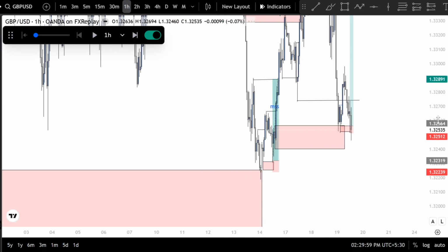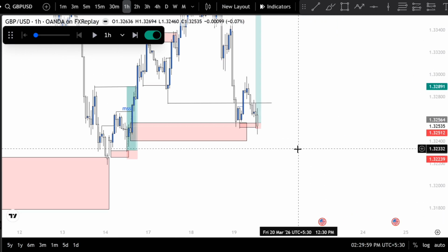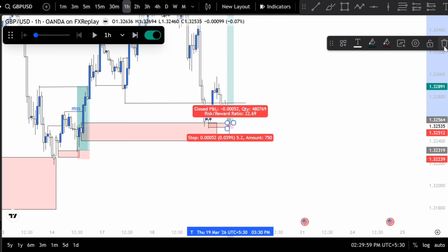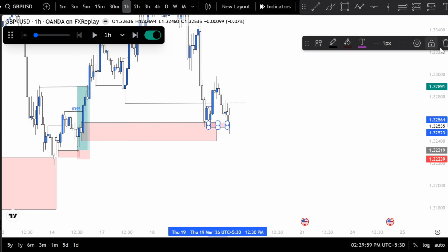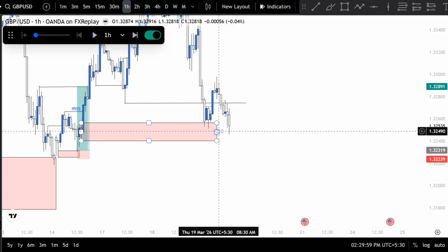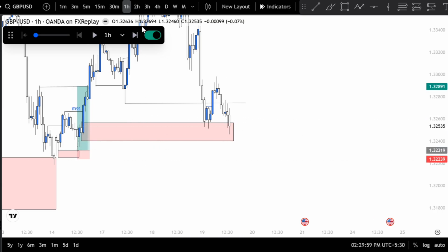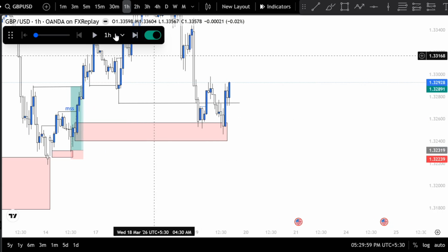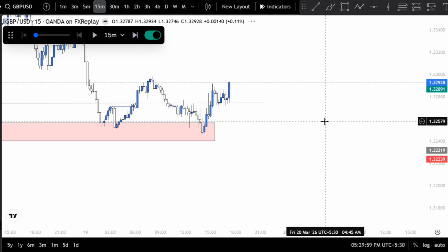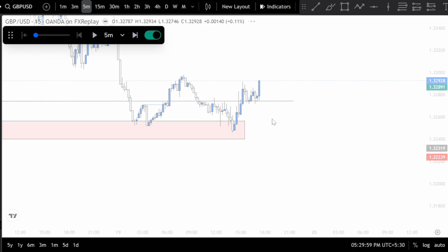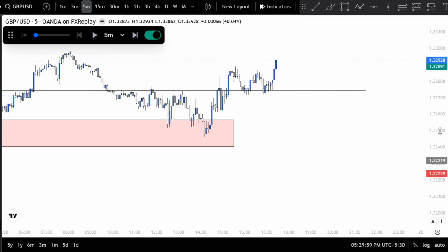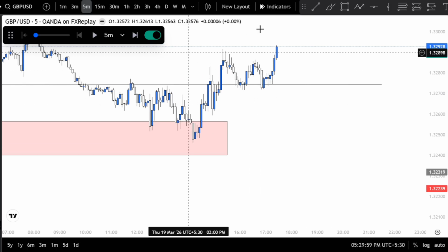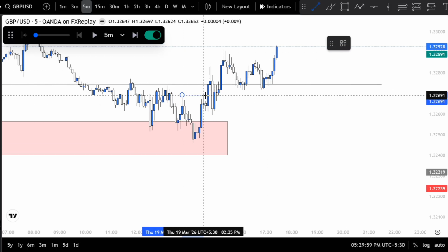Now if we play forward, let's remove this again. Price is around this POI here, right? Expanded. Can we see any change of character here? Sorry, market structure shift. Okay. All right, we have market structure shift.